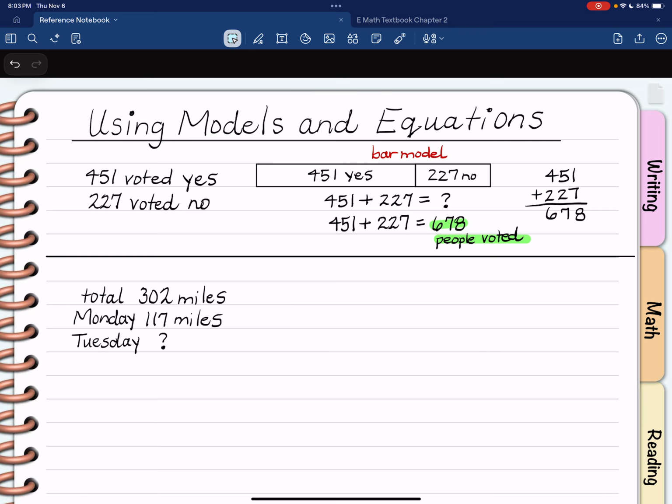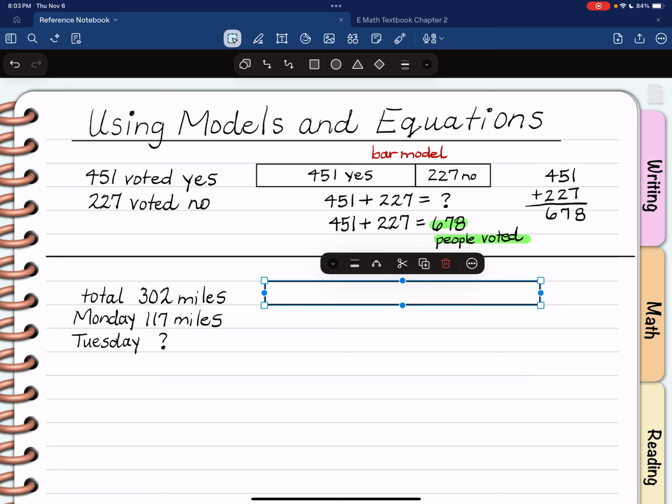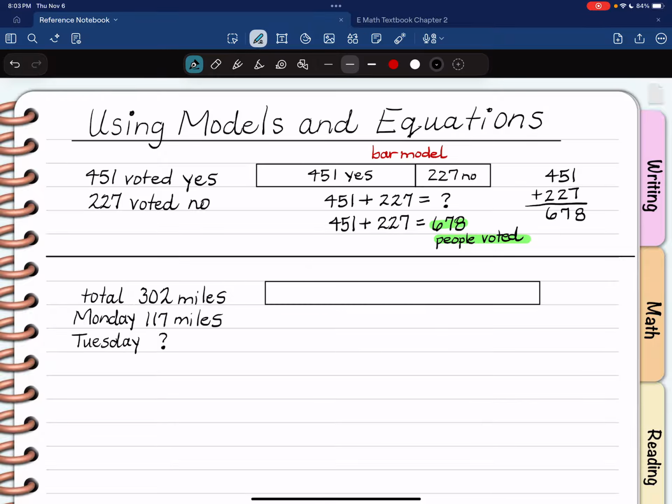So, I'm going to draw a bar. And this time I know the total. So I'm going to draw the whole bar. We know the whole bar is how much? 302 miles. You could use a number line here as well instead of the bar.